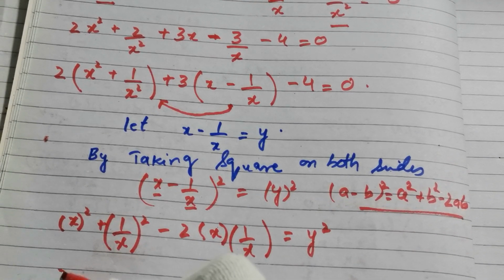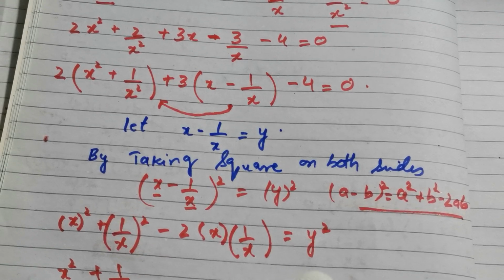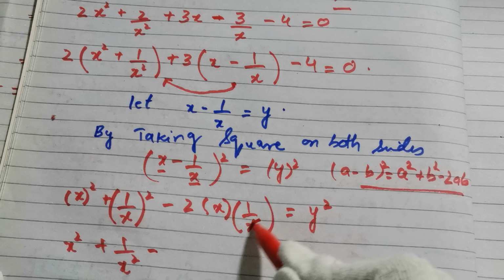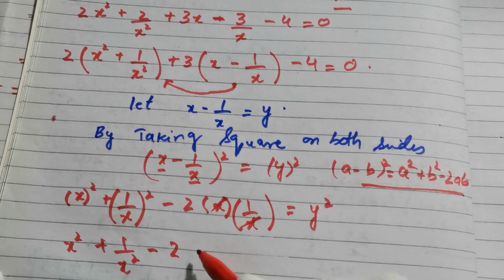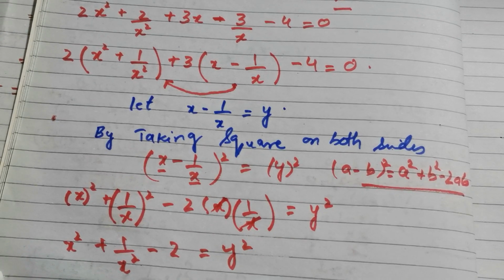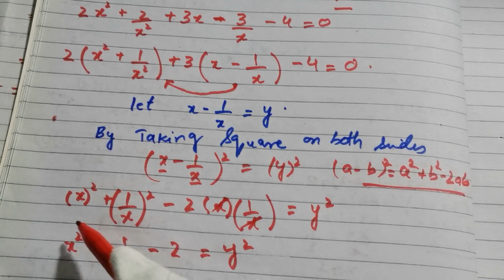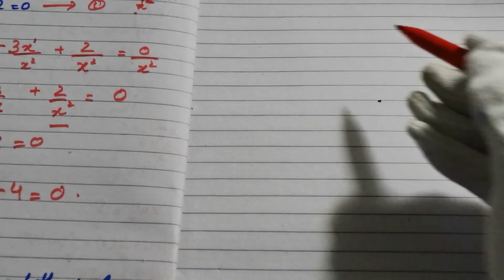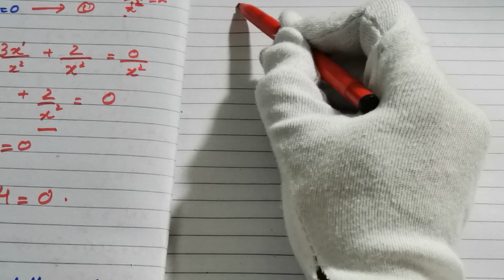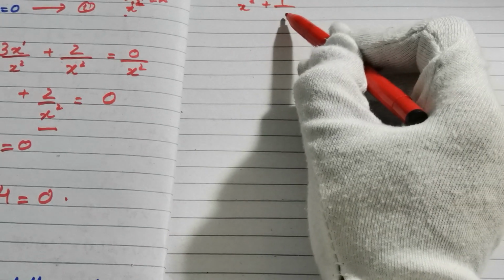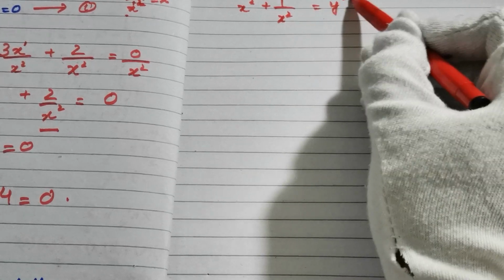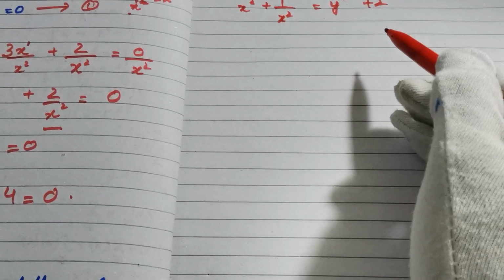So x square plus 1 by x square minus 2 is equal to y square. Now we want only x square plus 1 by x square, so we take minus 2 to the right side: x square plus 1 by x square is equal to y square plus 2, since minus 2 becomes positive 2 when taken to the right side.